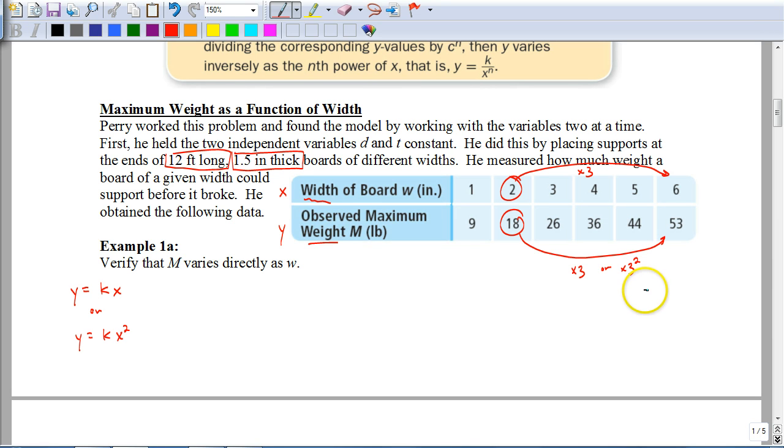So, since 18 times 3 gives me 54, it doesn't give me exactly 53, that reminds me that this is just a model. This is going to give me close to the answers that I have here for my maximum weight, but it's not always going to give me the exact answers, but it should be really close for all of these.